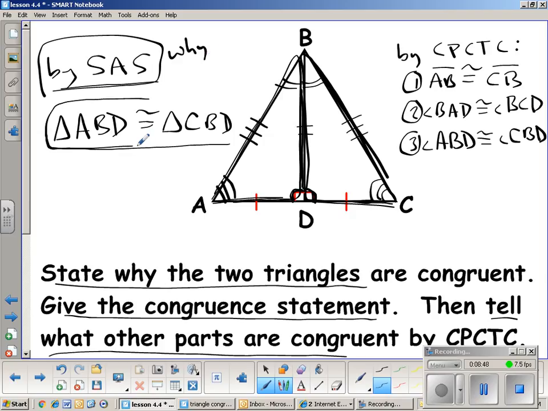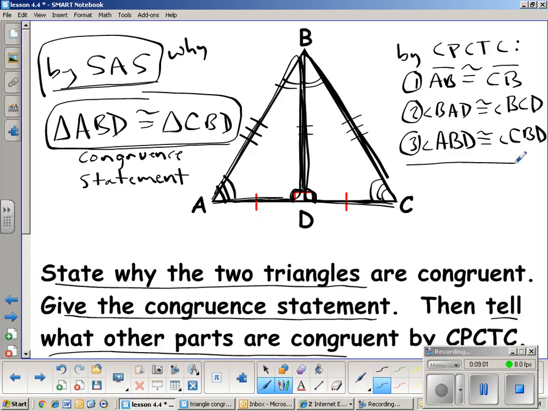This is the congruent statement. And these are the other parts. Okay? So on those types of questions, they're not asking you to write the proof, just identify this information. All right?